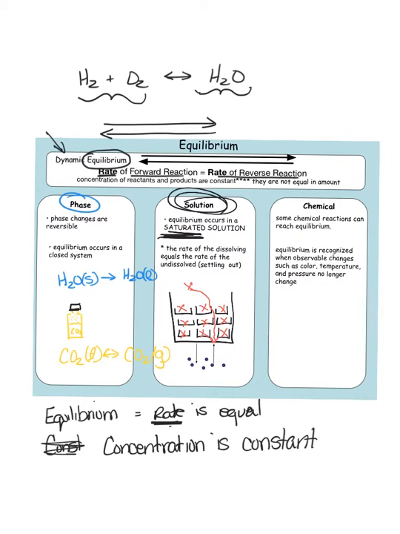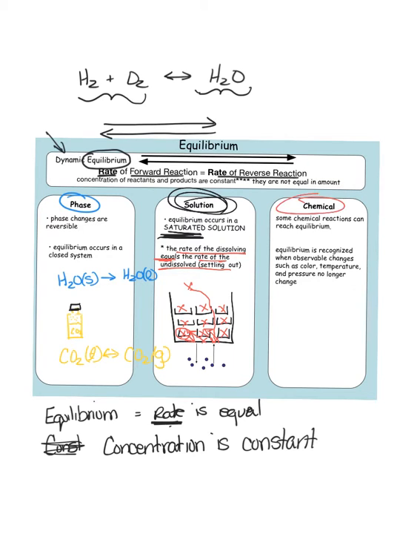That's how you know it's saturated. Well, if one of these guys comes out of his seat, then the guy who's on the bottom is going to go back into his seat. It's not going to look like anything's changing, but in fact it is. So the rate that it is dissolving, going from a solid into the aqueous solution, is equal to the rate of the undissolved settling out.